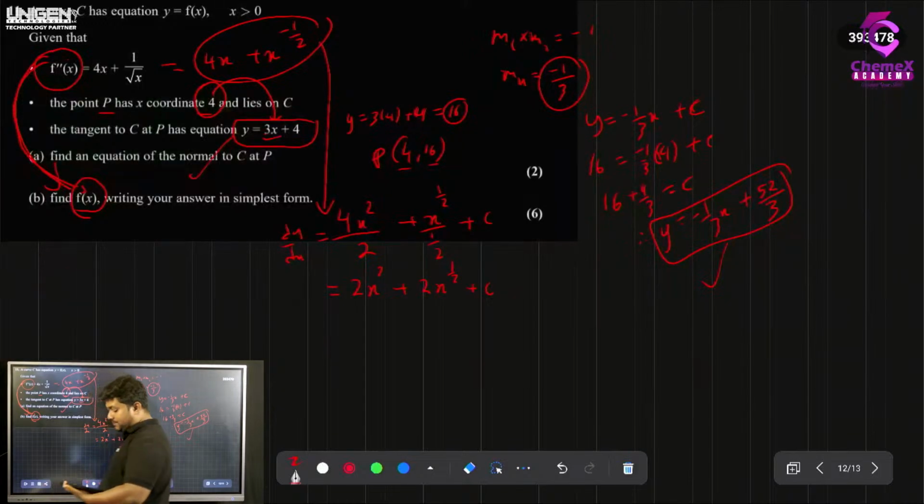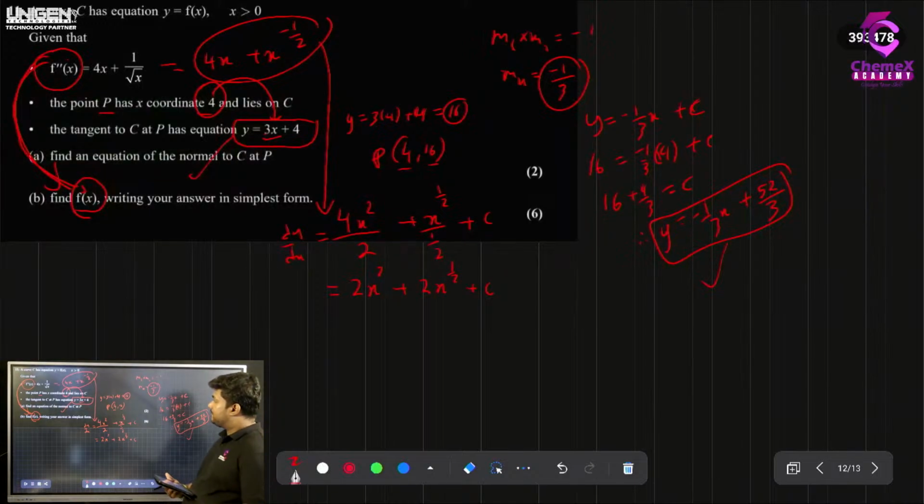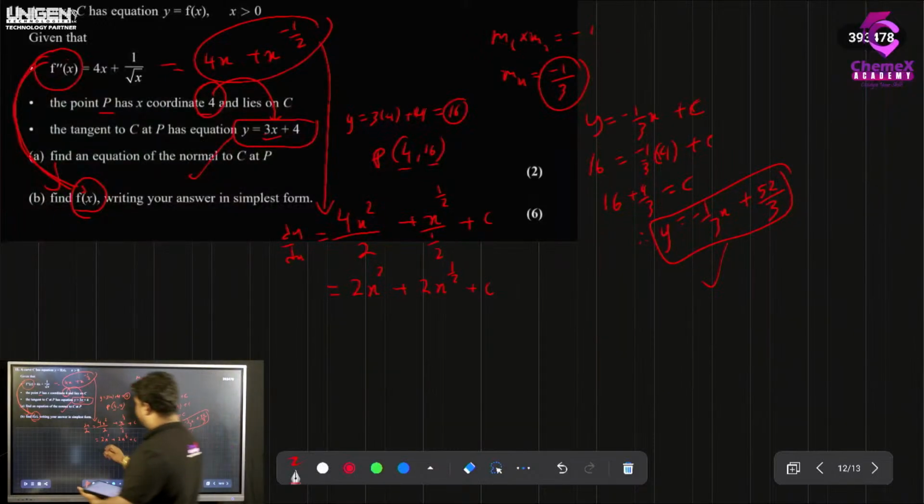What are you gonna substitute here? x is 4 and y is how much? What are you gonna substitute here to get c? y is 16. This is f dash x.